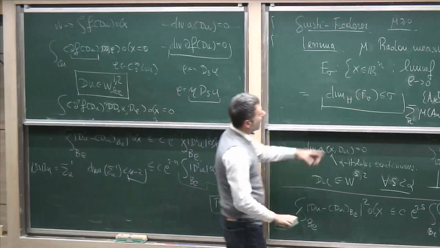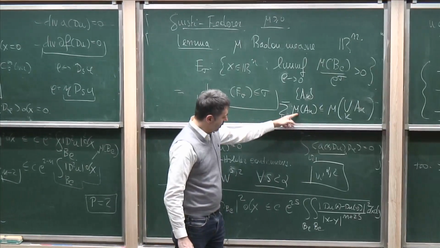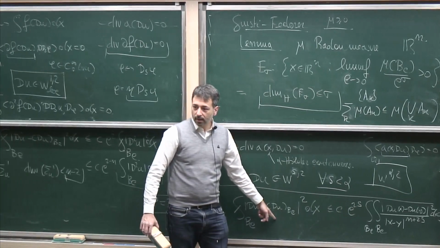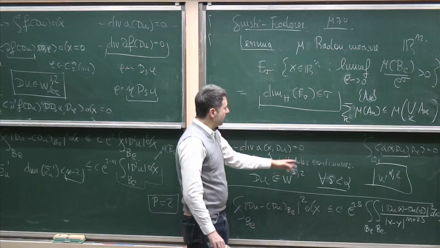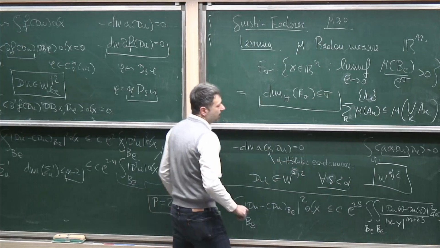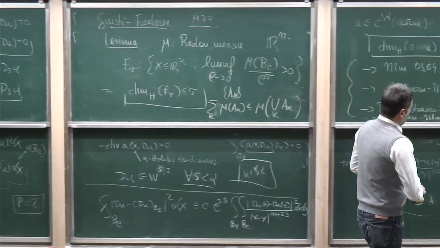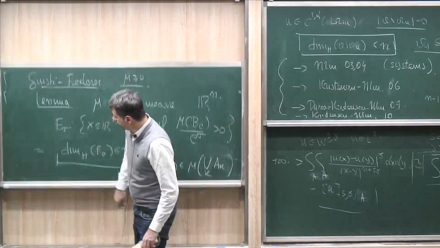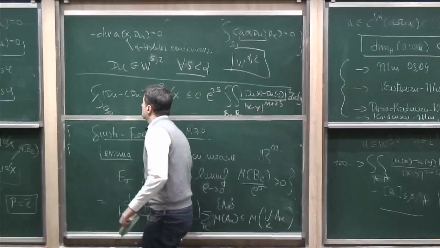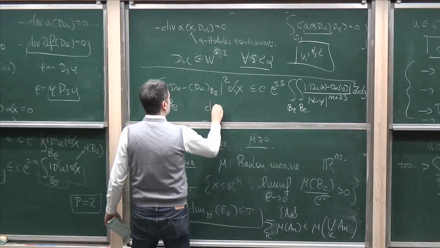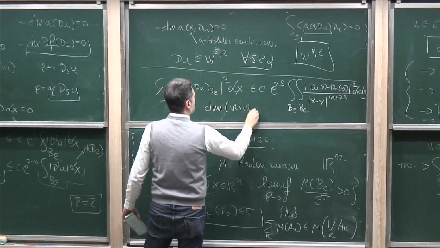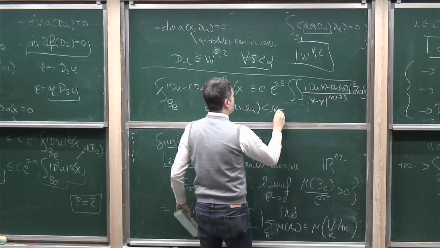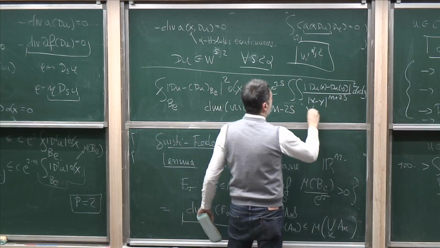Now, you apply the lemma with mu, which is this quantity, thanks to this Poincaré. And what you get is that the Hausdorff measure of the singular set is less than or equal to n minus 2s for every s less than alpha.